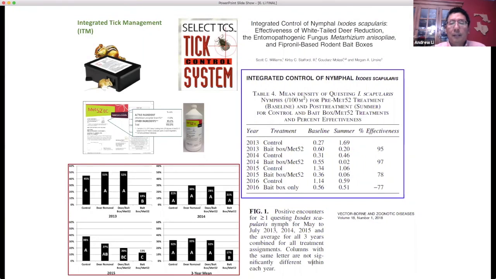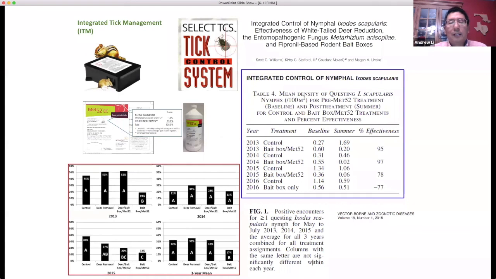It's sprayed to the grass. So they compare the treatment combination of bait box and Metafit2 with the deer exclusion and other, everything combined. So basically, they show the combined use of the bait box and the Metafit2 has been very effective.